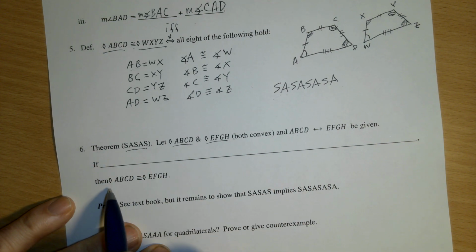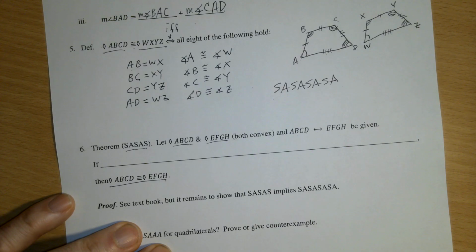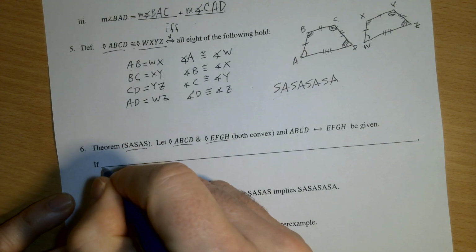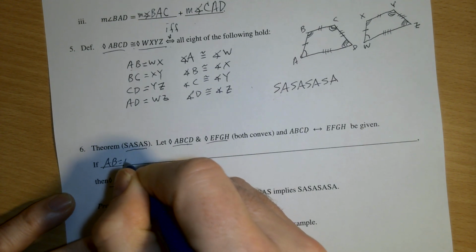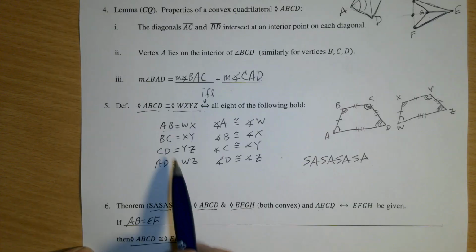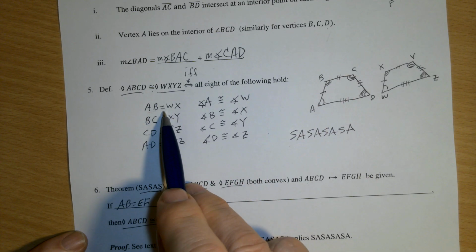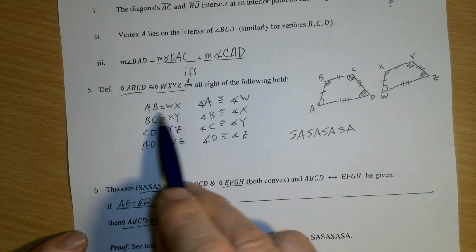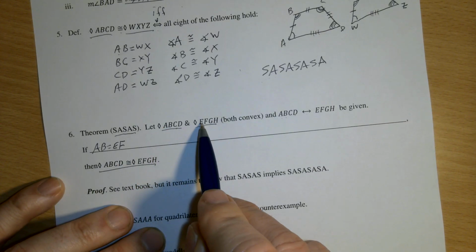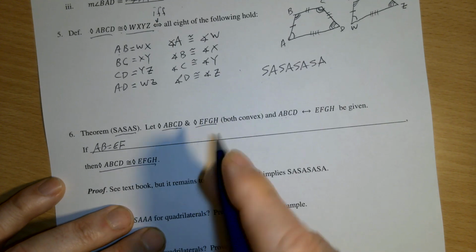Well, when are these congruent? If AB equals EF, just like we had up here, only I changed the letters. AB was congruent to WX. The lengths were the same. So AB has to be equal to EF.